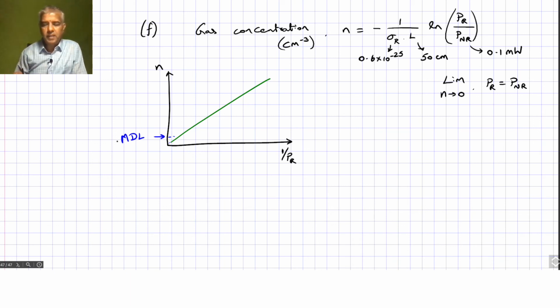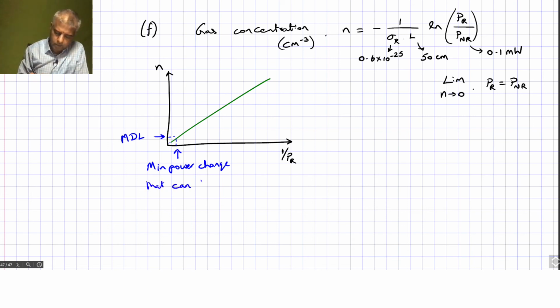And what is that limited by? Well, that's limited by the uncertainty in your power measurement, right? So this is actually the minimum power change that can be measured reliably.